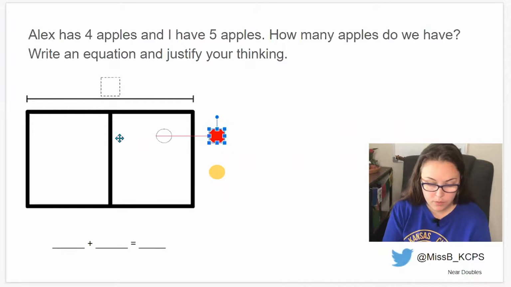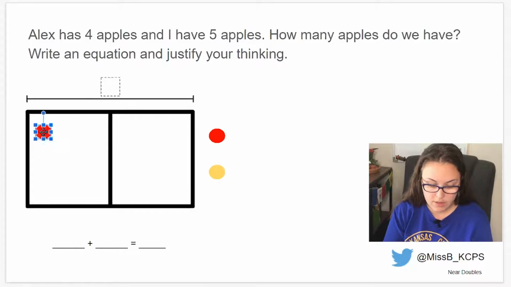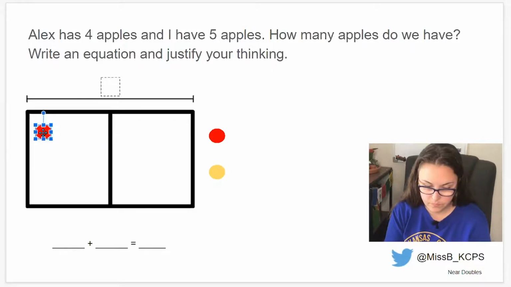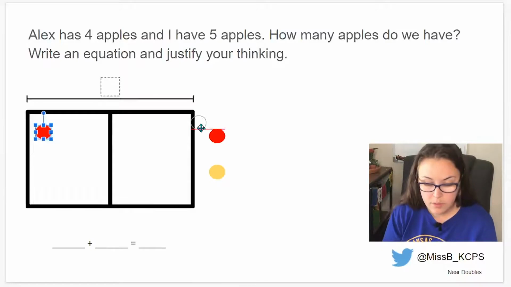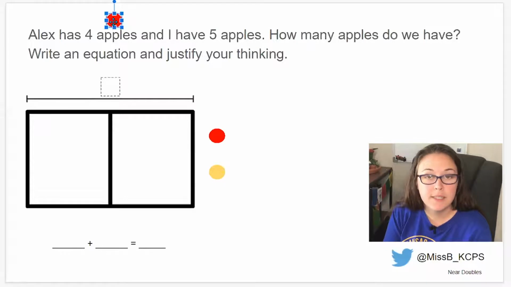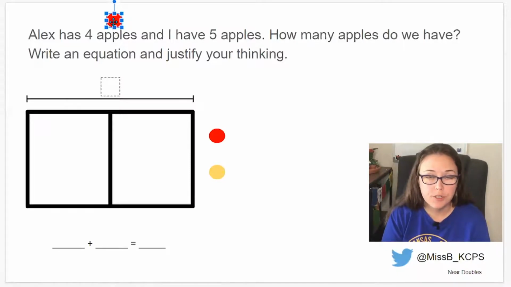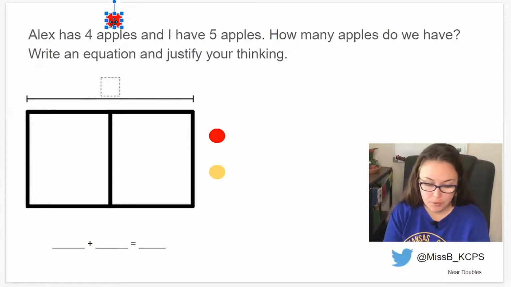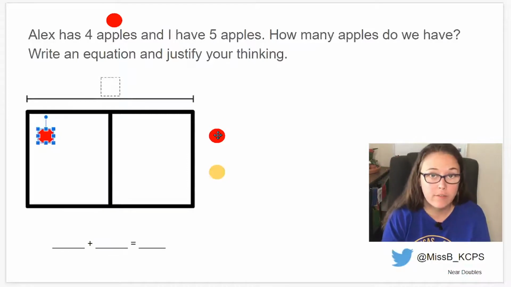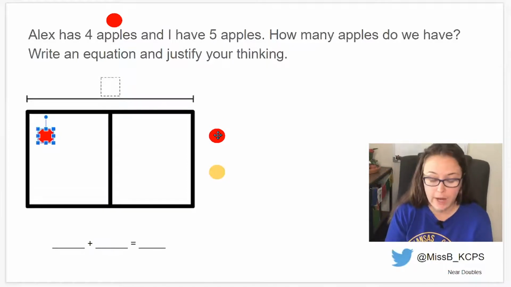I'm just going to move the counter over. So I'm going to move a red counter up above the word apples because I want to use the red counters to show how many apples Alex has. Then what I'll do is I'll take the red counters and I'll move them into the part whole map. And I need 4 of them because Alex has 4 apples.